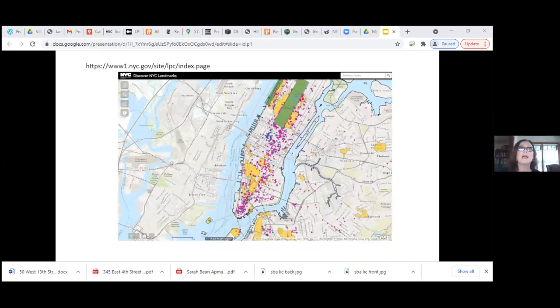This map, as I said, which is available through the New York City Landmarks Preservation Commission webpage, you can search by address. There we go. Right here, you can type in the address, or you can zoom in on a particular location. The yellow areas indicate historic district, pink dots indicate individual landmarks, blue indicate interior landmarks, and the green areas indicate scenic landmarks.